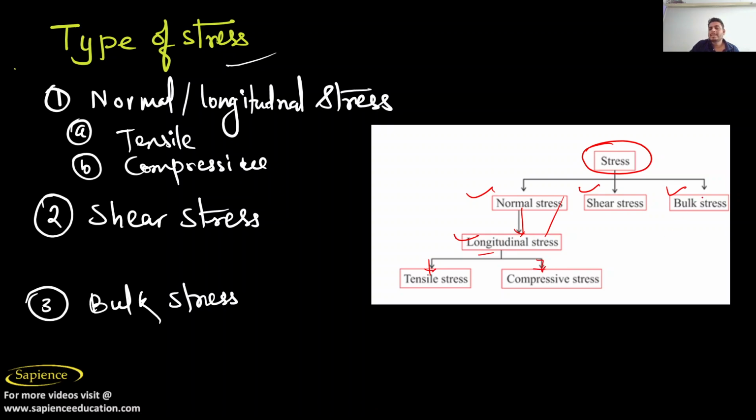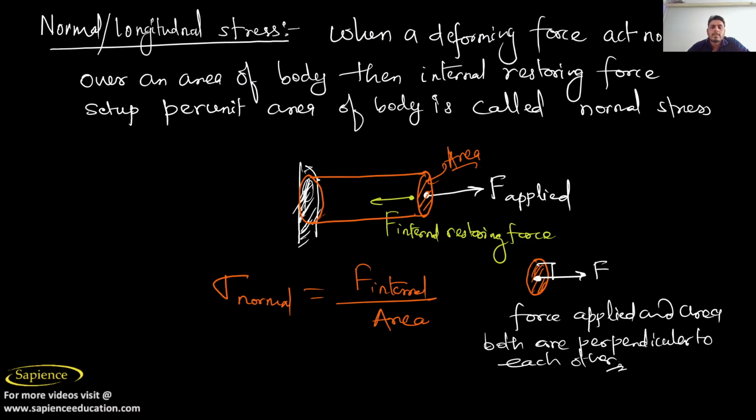So I will discuss each and everything. And there is a third type, that is bulk stress. As per the syllabus, you should cover all these topics. So I will try to differentiate all the types of stress one by one.